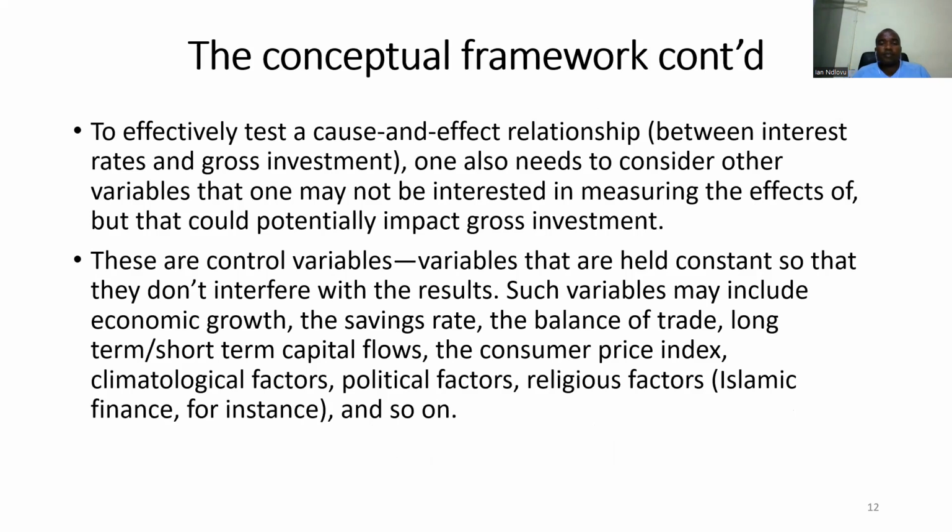Control variables are variables that are held constant so that they don't interfere with the results or with the effects that are caused by the independent variable on the dependent variable. Such variables may include, in our simple example, economic growth, the savings rate, the balance of trade, long-term or short-term capital flows, the consumer price index, climatological factors, political factors, religious factors such as Islamic finance, for instance, and so on.